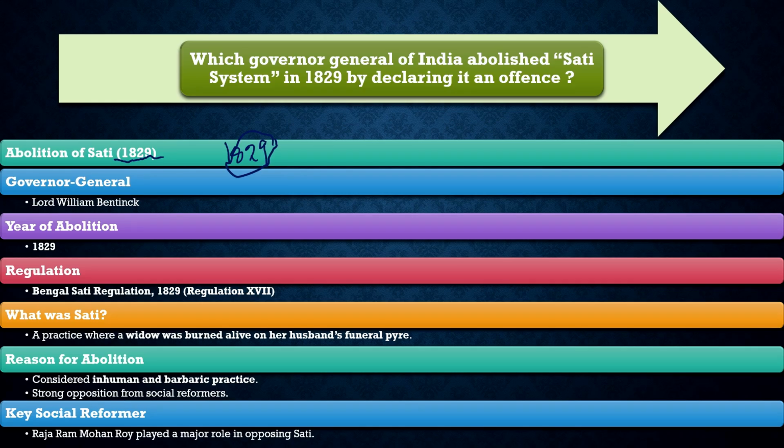Abolition of the Sati system, and which Governor General of India abolished this system? The Governor General of India, Lord William Bentinck.